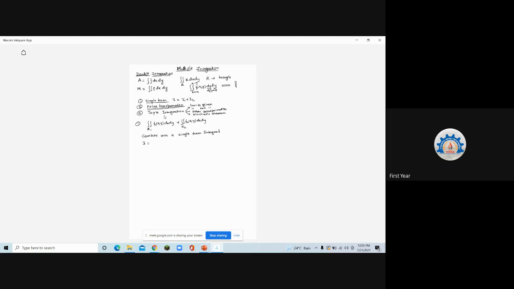I is equal to integration 0 to a, integration 0 to y, f of x comma y dy dx, plus integration a to infinity, 0 to a square by y, f of x comma y dy dx. This is the question, and you have to combine these two integrations into a single integral.